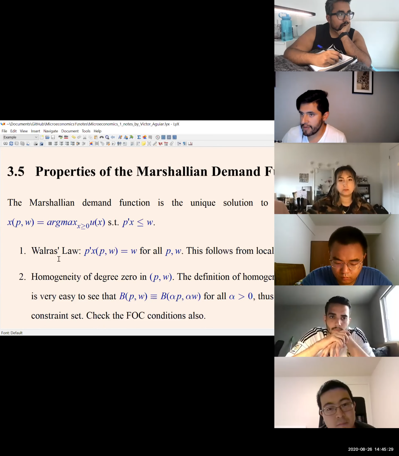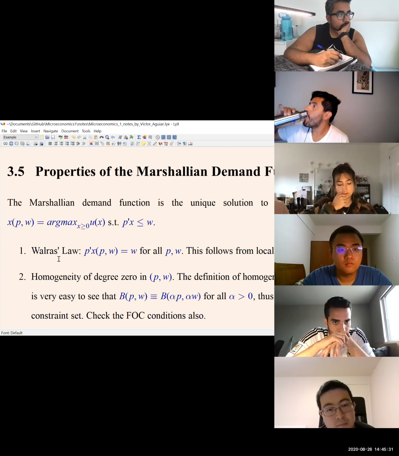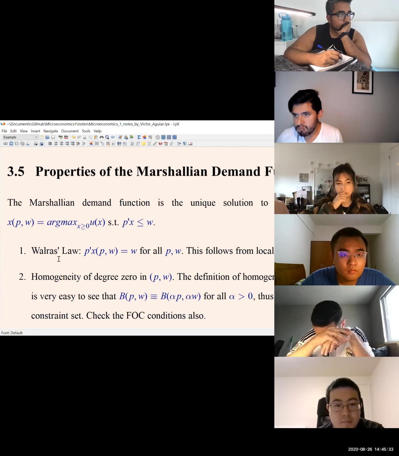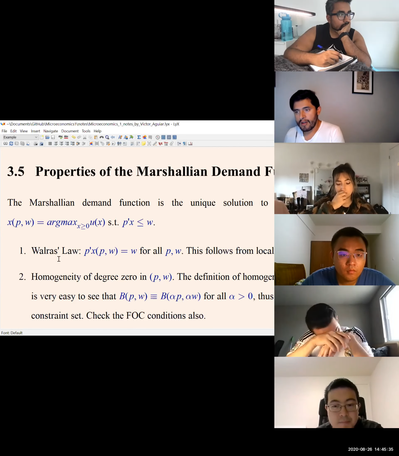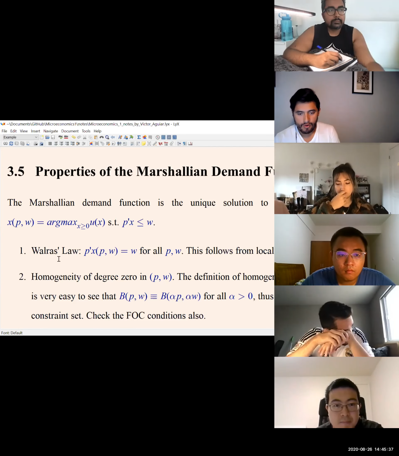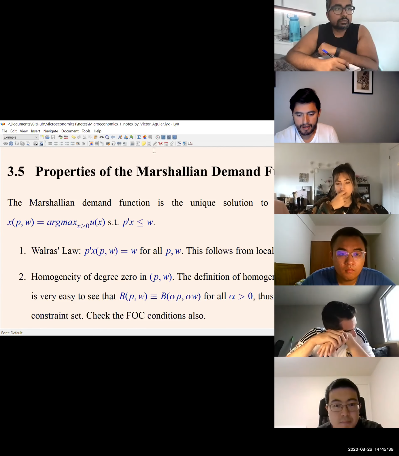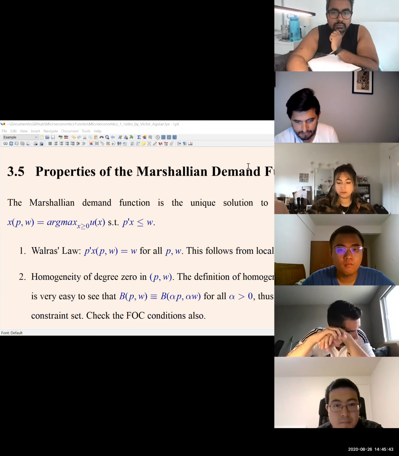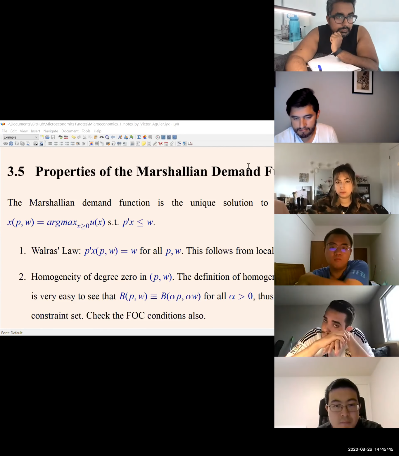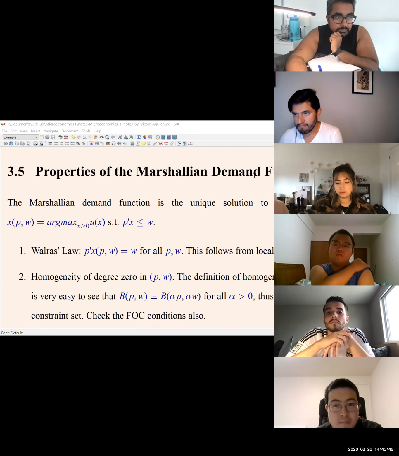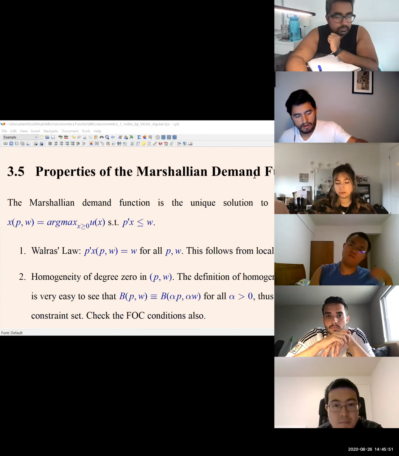So who wants to give me a quick recap? What does it mean for a demand function to satisfy no money illusion, or homogeneity of degree 0? If the prices and the wealth both multiply by the same amount, then the bundle that you choose will stay the same. Oh, perfect.